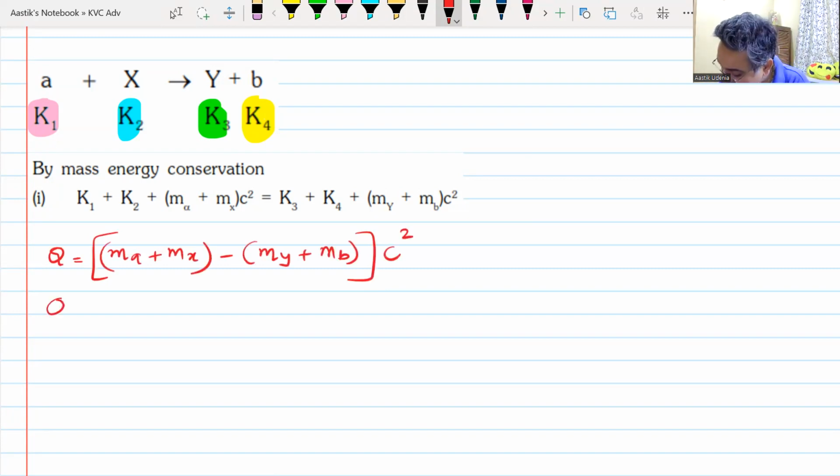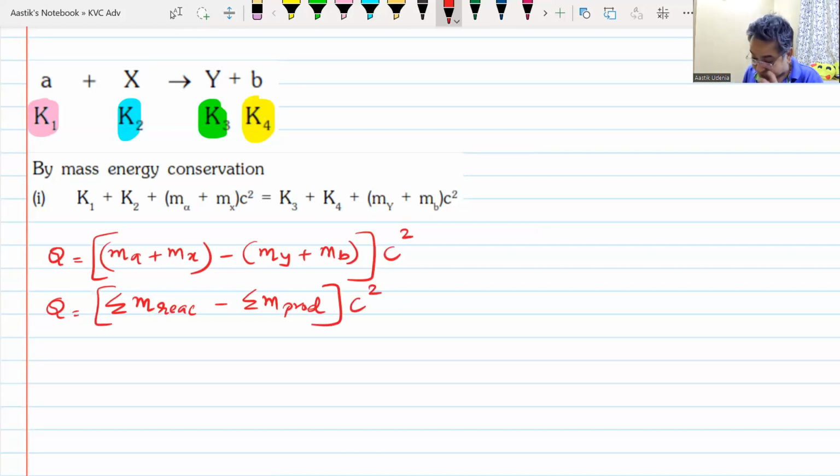That means this is nothing but summation of mass of reactants minus summation of mass of products into C square.